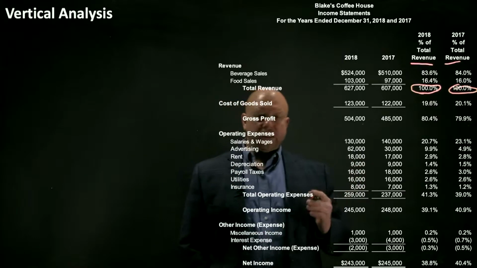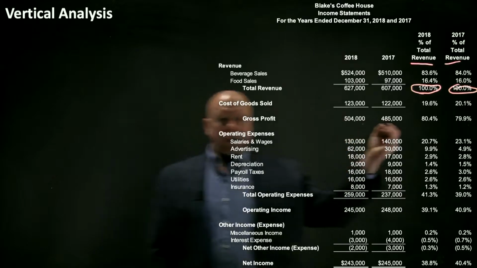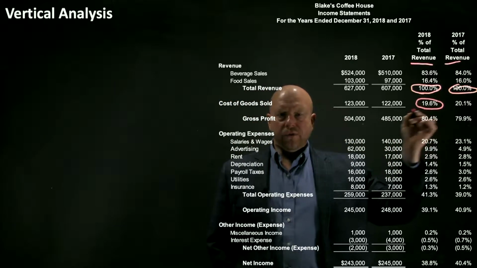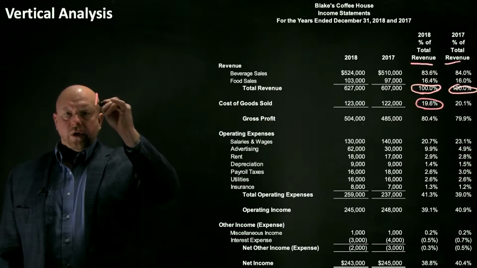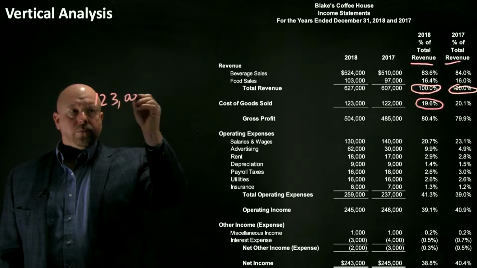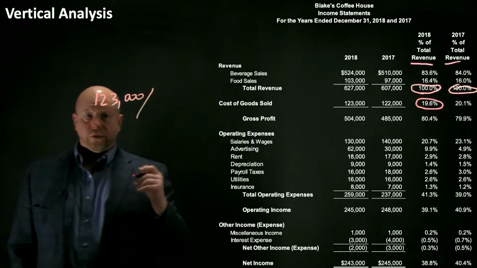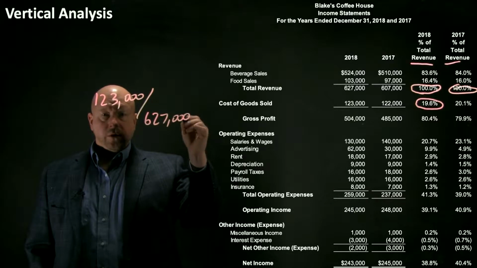So for example, we're not going to do all the math on all of these, but this 19.6% that you see here as a percentage for cost of goods sold, that number is really $123,000, which is the cost of goods sold for the 2018 fiscal year, divided by $627,000 right there.